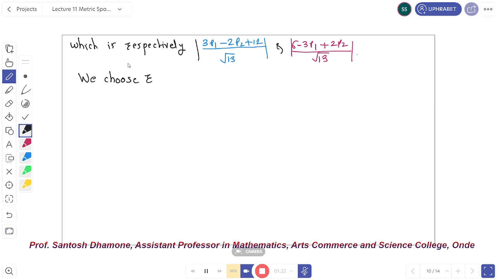Therefore r is equal to the minimum of (3p1 - 2p2 + 12) divided by 5 and (6 - 3p1 + 2p2) divided by 5.